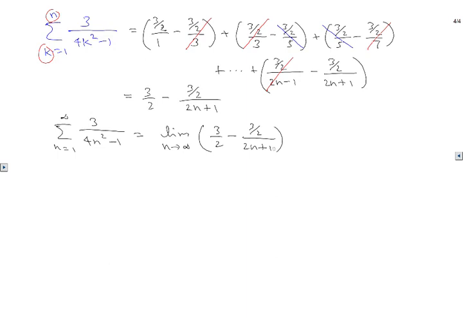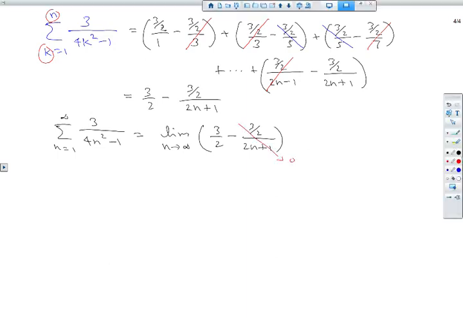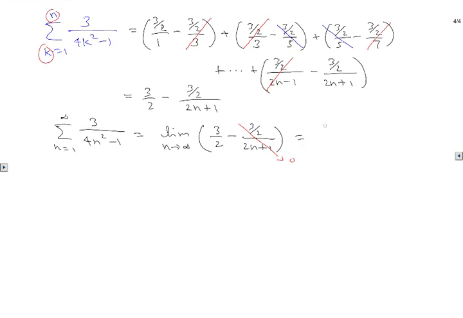But we know that when n goes to infinity, this term goes to 0. So you simply end up with the first term, 3/2, which is finite. So that's what the series converges to.